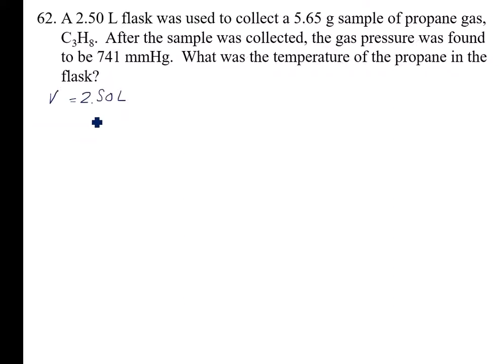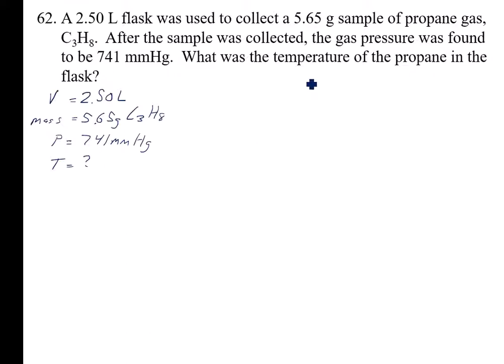I have 5.65 grams of C3H8, and that's a mass. It tells me that the pressure was 741 millimeters of mercury, and it wants to know this time what the temperature is. So my temperature is my unknown.